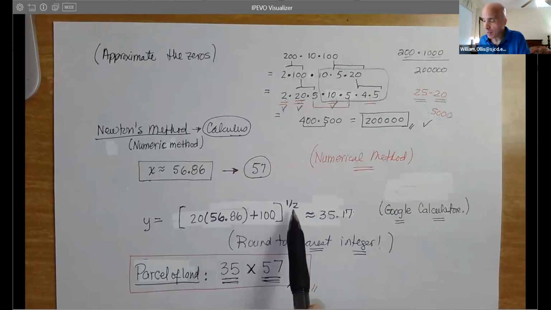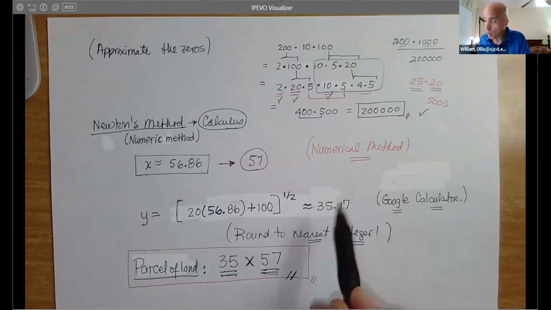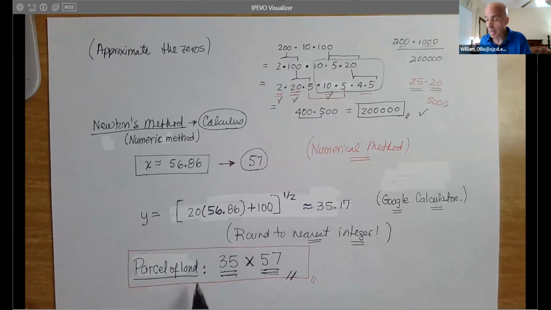I was scribbling it kind of fast, so when I got ready for lecture, I made it look nicer, so you don't think I was just completely rogue. And so I got 35.17, and then round to nearest integer. So now the parcel of land has approximate dimensions 35 feet by 57 feet. But again, let me just focus on this here.